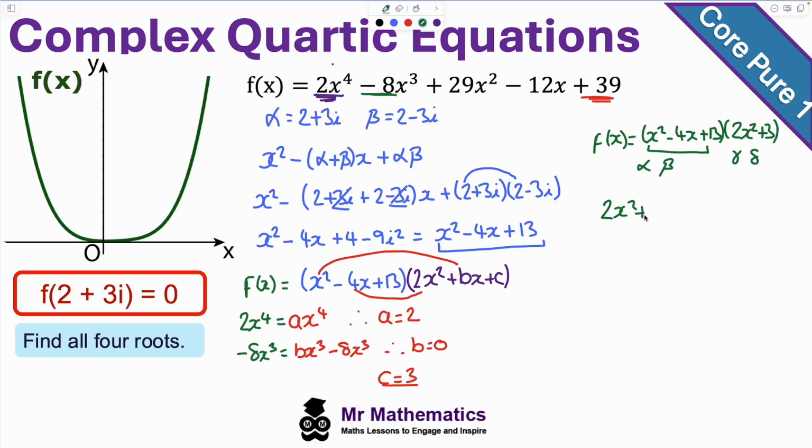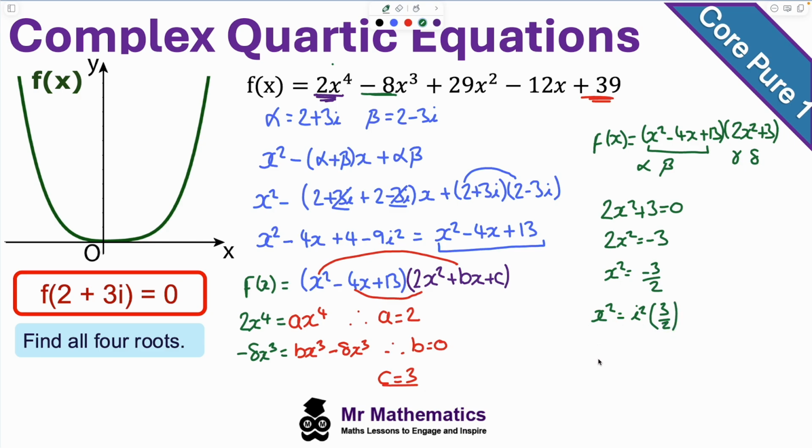2x squared plus 3 must equal 0. So 2x squared must equal negative 3. So x squared must equal negative 3 over 2. But we know this is going to involve a complex root because you can't have a square root of a negative. So x squared will equal i squared, negative 1, multiplied by 3 over 2.